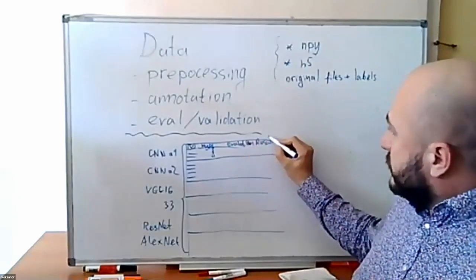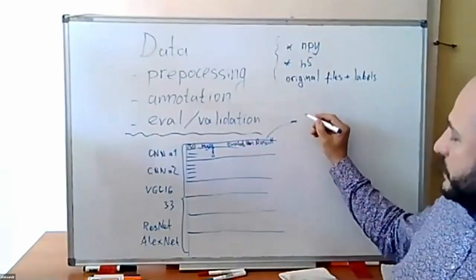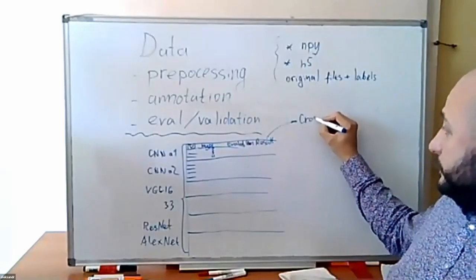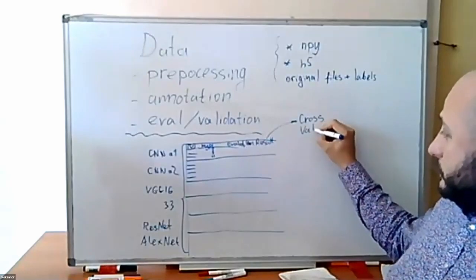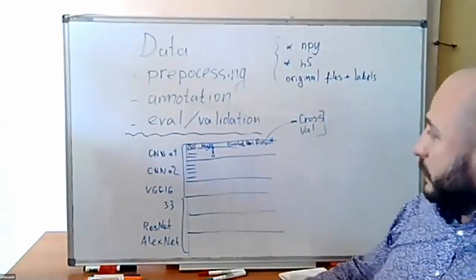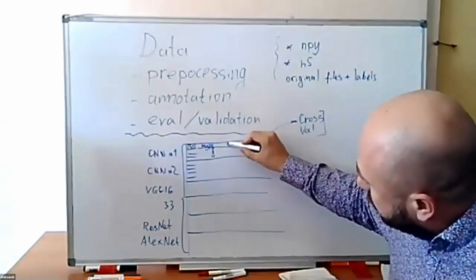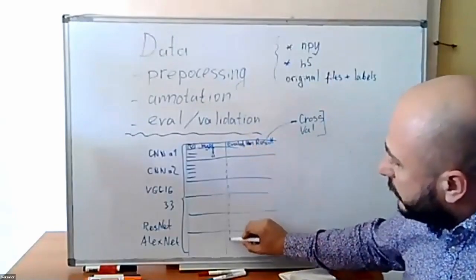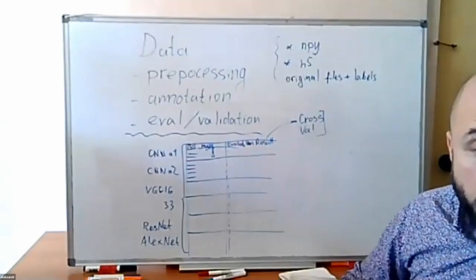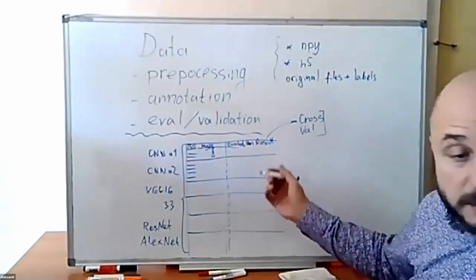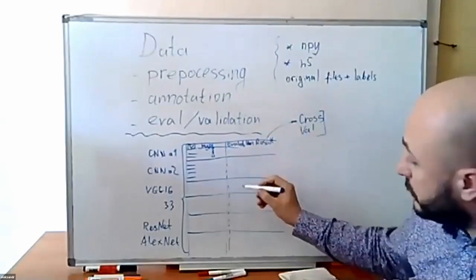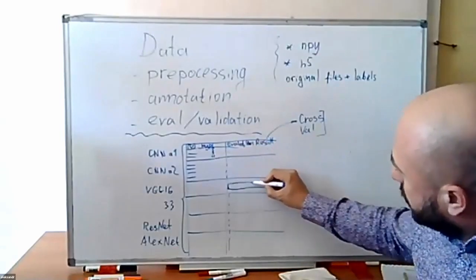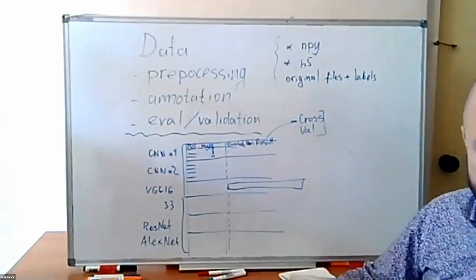Each evaluation result refers to the cross-validation procedure we discussed before. So we have many evaluation results for all the experiments, and we finally pick the best one. So let's say this option was the best.